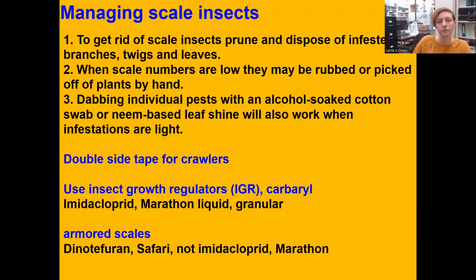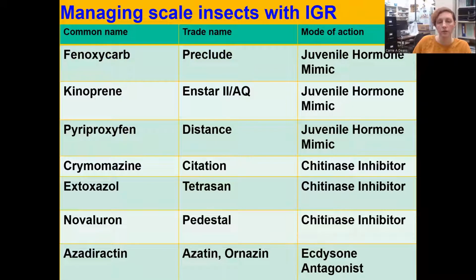So here's just a table that kind of shows some of the insect growth regulators that can be used for scale insects. So you can see some of these, the mode of action is to mimic a juvenile hormone, so it really prevents them from developing.